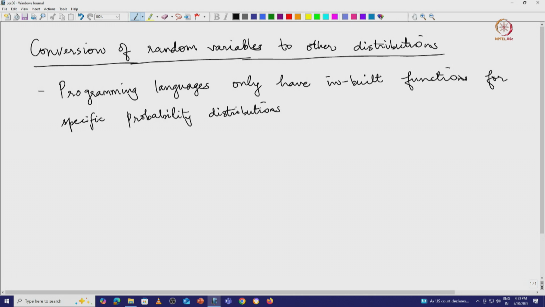Meaning that you can only generate random numbers that are sampled from certain specific probability distributions, for example say a uniform distribution or a normal distribution.